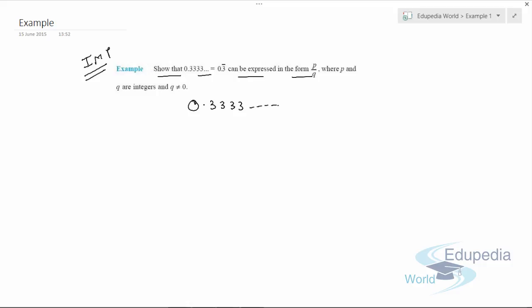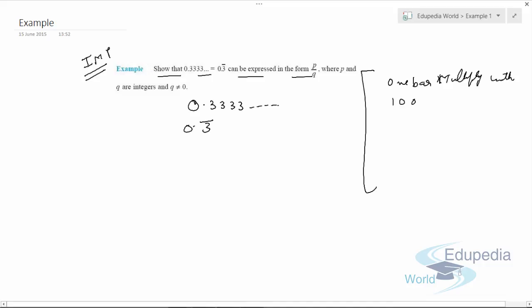Now how to solve this? You have to watch the steps carefully. Step 1 is, the number has a bar on one number only, we can see clearly. So if the number has only one bar, then we multiply with 10. Like 0.3 bar or 0.2 bar means that the recurring part is only 1.